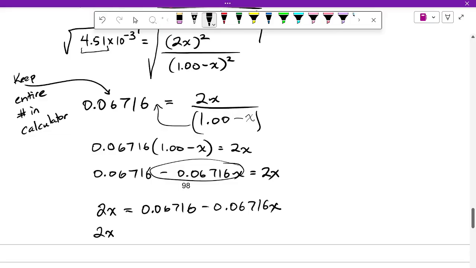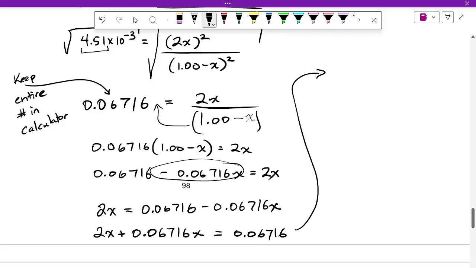So I now have 2x plus 0.06716x is equal to 0.06716, which gives me 2.06716x is equal to 0.06716. No x there, I got carried away.